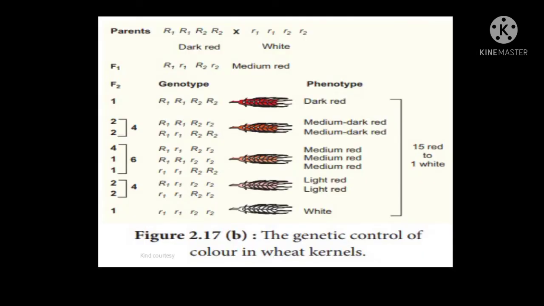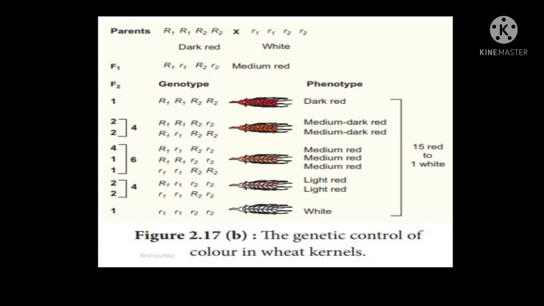While you observe this cross, the genetic control of color in wheat kernels, you can cross dark red with white. The F1 produced shows capital R1 small r1 capital R2 small r2, which is medium red. Now observe the F2 genotypes and phenotypes.